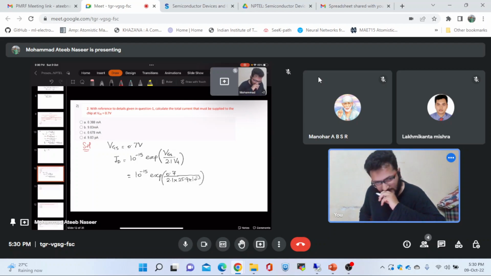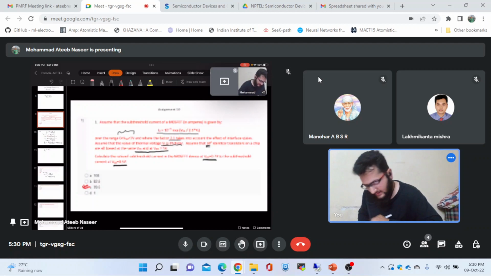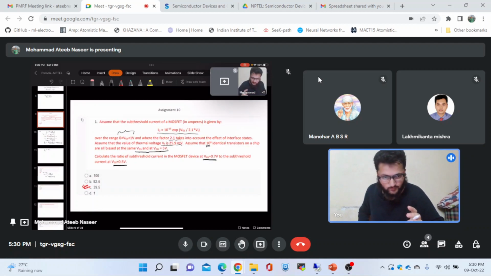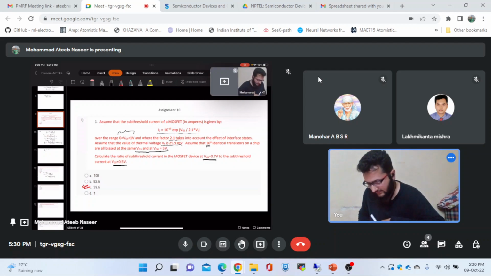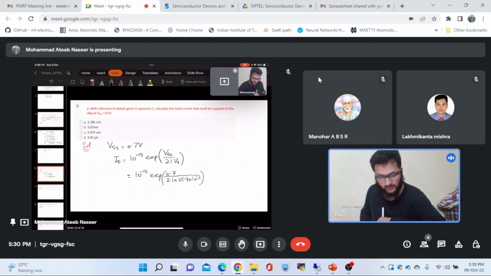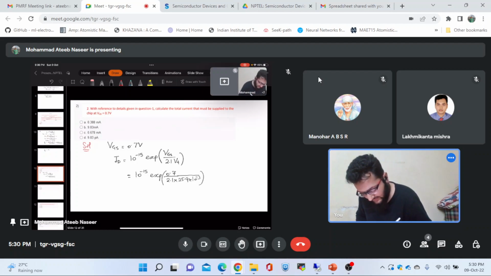Now we need the total current, and we have been given that there are 10 to the power of 6 identical transistors present on a chip, and they are all biased with this same VGS. So all those transistors are now biased at 0.7 volt. So let me write down N to be equal to the number of transistors on a chip.